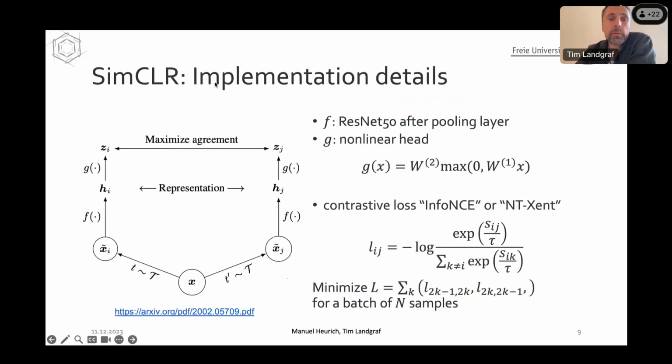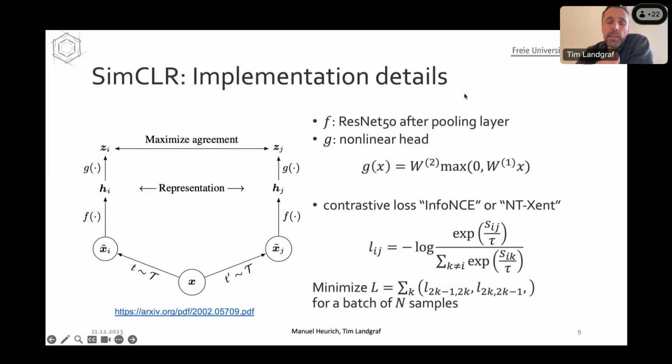Implementation details. SimCLR uses a common ResNet 50 for this function f here. I don't know if you remember or who had a review of ResNet 50 yet.